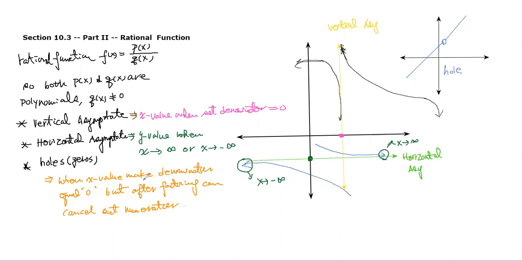So we're going to go over each one here, right? Let's take a look at the vertical asymptote. The vertical asymptote is the easiest one here, right? Okay, so let's take a look at the first one, the vertical asymptote. Remember, we said a vertical asymptote is when the denominator equals zero, right?